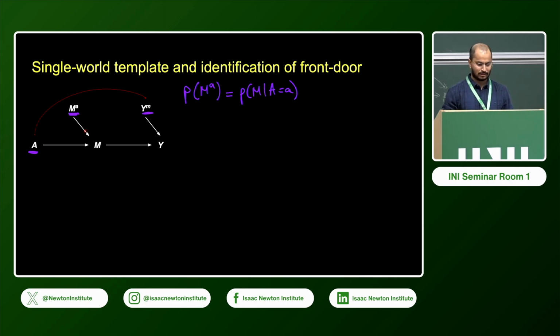And then I'll start to break the other one down. So I've got P of A and YM. For this joint distribution, I can use the chain rule to say that this is equal to P of A and P of YM given A.